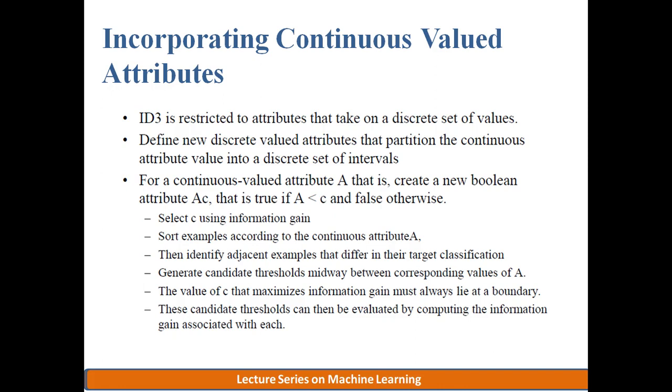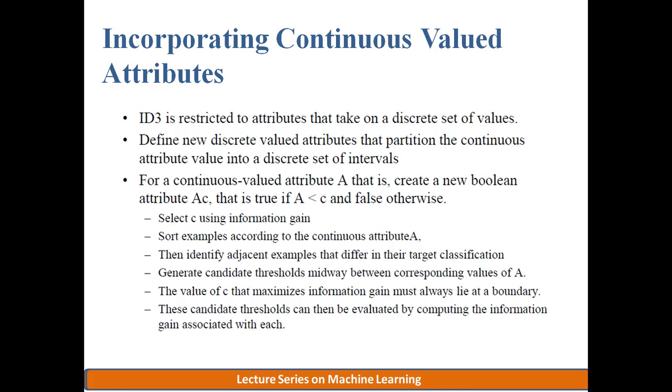Then we restricted ourselves so that the attributes tested in the decision nodes of the tree must also be discrete valued. Now this second restriction can easily be removed so that continuous valued attributes can be incorporated into the learned tree. This can be done by dynamically defining new discrete valued attributes that partition the continuous attribute value into a discrete set of intervals.